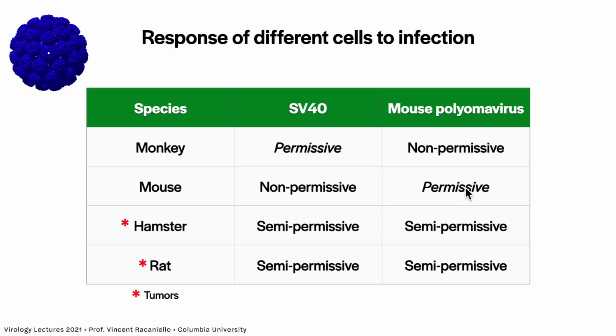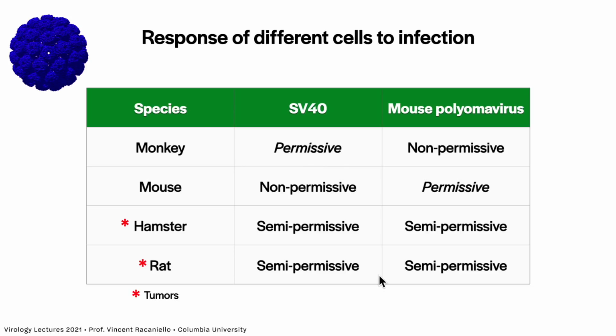They don't get transformed. However, if you infect hamsters or rats, either cells or the animals, with either SV40 or mouse polyomavirus, the infection is semi-permissive. Let me redefine. Permissive, of course, means that the interior milieu of the cell will support virus production, production of infectious virus particles.